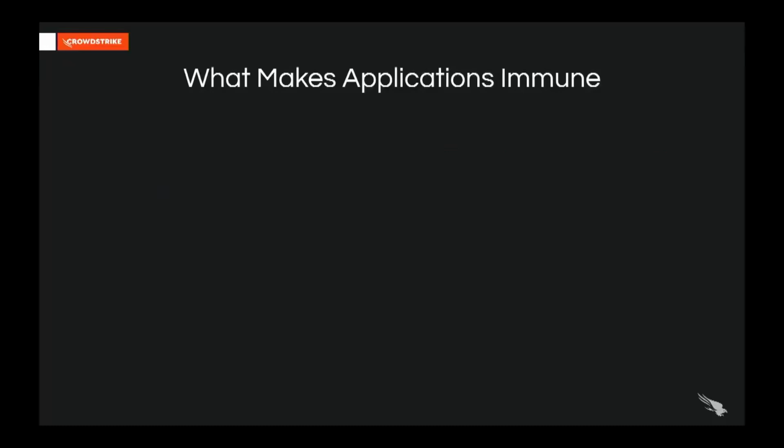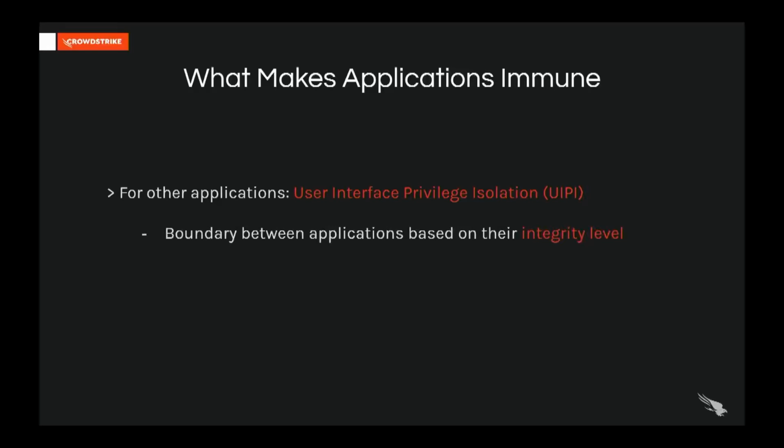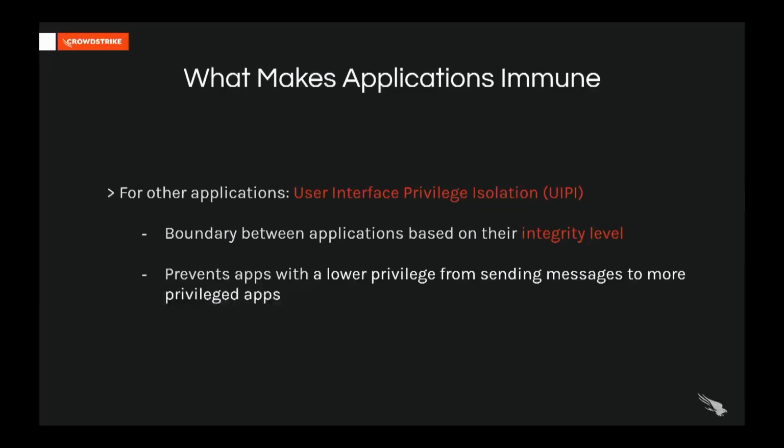For other processes that are not associated with services, what will protect them is the User Interface Privilege Isolation barrier. It's a boundary between applications that relies on the integrity level. Processes run with a certain integrity level, from 0, low integrity, to 4, system integrity, and it prevents applications running with a lower privilege from sending messages to more privileged applications.